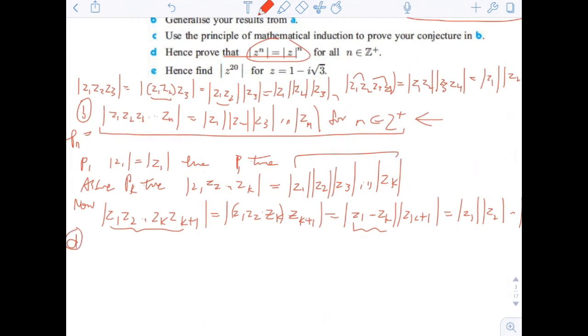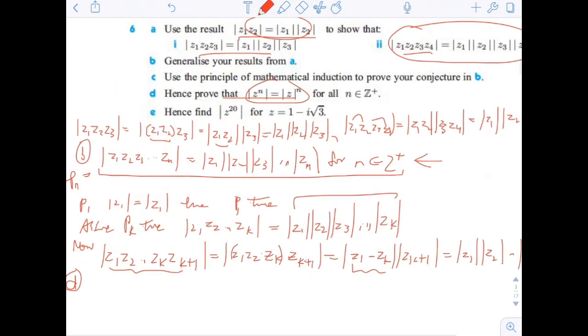Well, we could just take the result that we had before, this result here, right? And then we'll say, okay, now z1, z2, z3, all the way to zk, or zn, is equal to z.